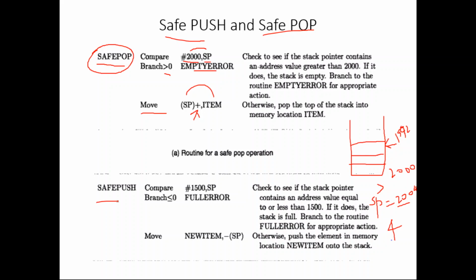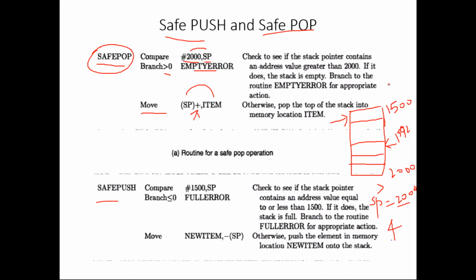Okay, so push means what? Let us assume the topmost element address of this stack is 1500. That is, it contains from 2000 to 1500. Okay, right? So it means that SP should not hold anything less than 1500.